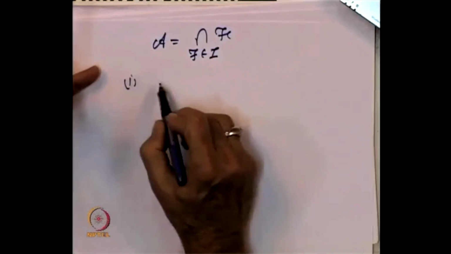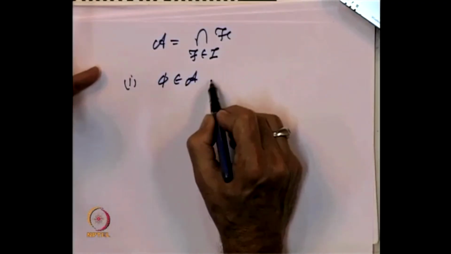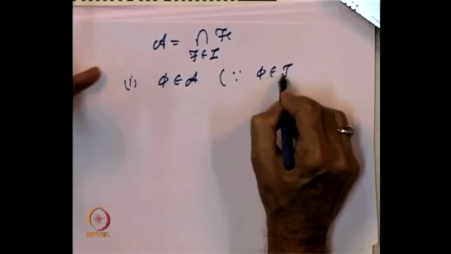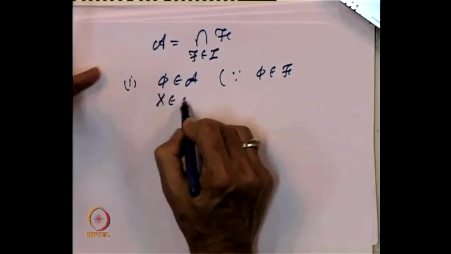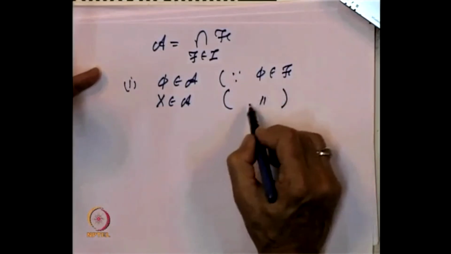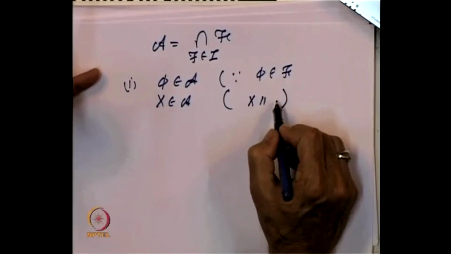So first we want to show the empty set belongs to A. Why? Because we know the empty set belongs to each F, because each F is an algebra. Similarly, X belongs to A for the same reason, because X belongs to F and F is an algebra.